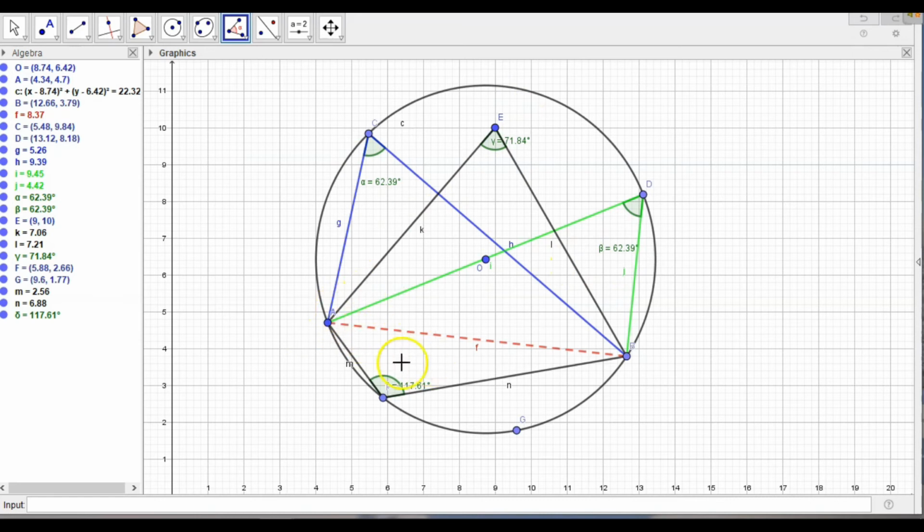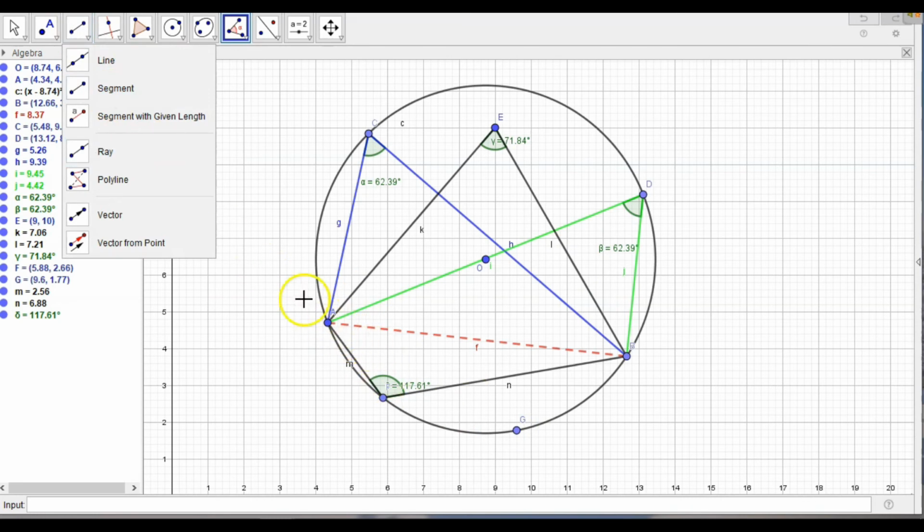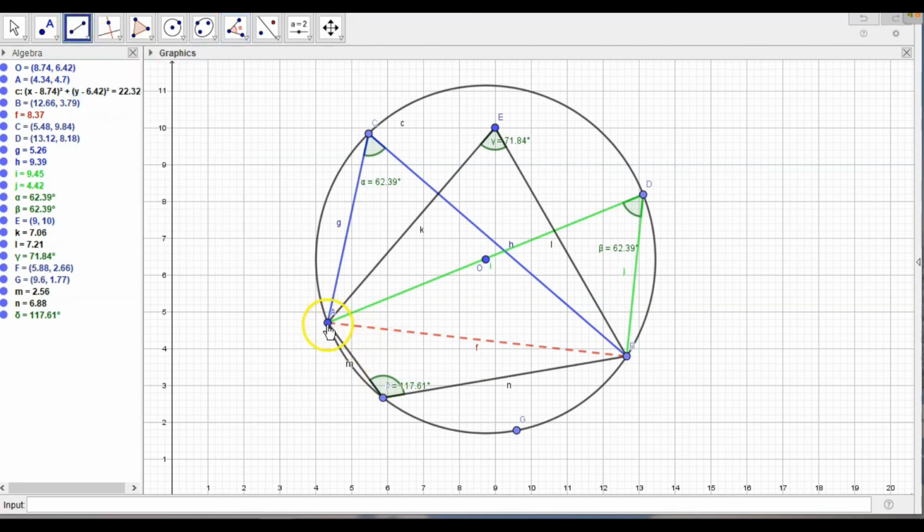Now let us also measure the other angle at G. Let's join A, G, and B, so that we can measure angle BGA. When we measure angle BGA, that is equally given as 117.61 degrees.